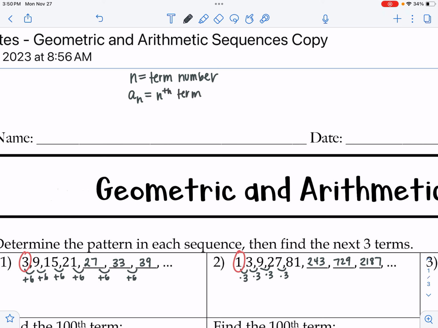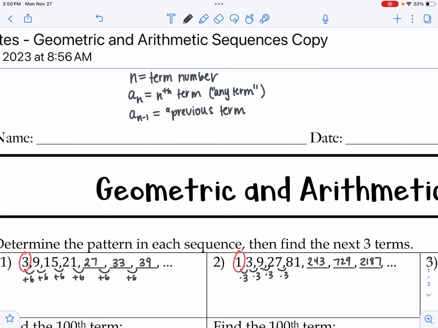And you can kind of read that as any term. It's just a way to say some arbitrary term, any term. And so if you see a sub n minus 1, that's just their way of referencing the previous term.